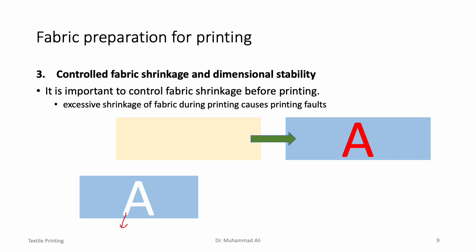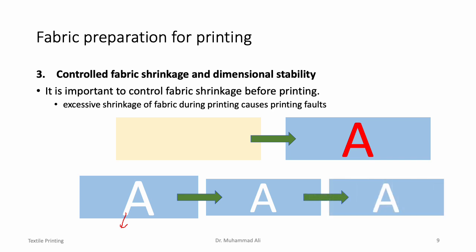So in this case, we have printed the background first, and we are now going to print the letter A on this. Now, because we have applied a lot of printing ink on the fabric, if the shrinkage of the fabric is not controlled prior to printing, the fabric will shrink because the printing inks contain a lot of water in them. So this will be the position of the fabric after the light blue background is printed on it.